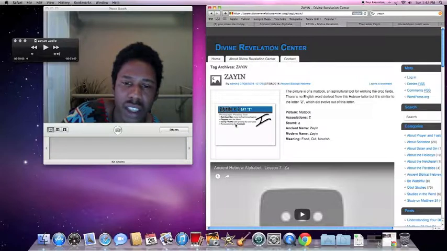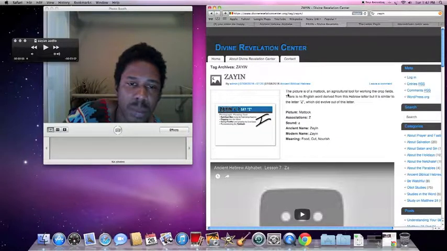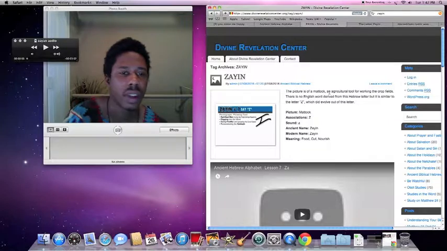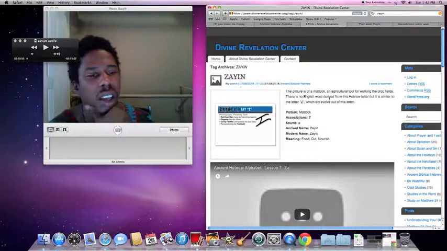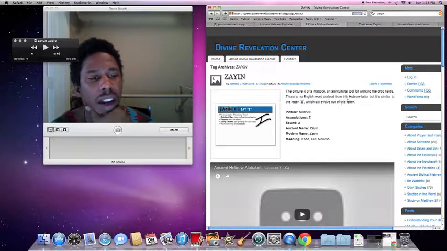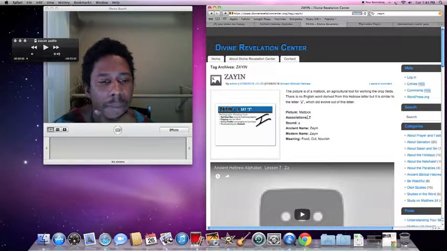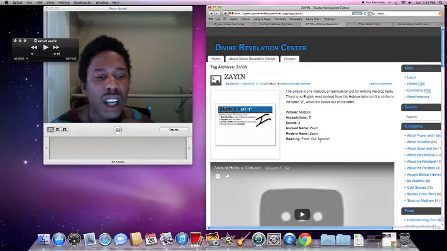The seventh day. It says the picture is of a mattock, an agricultural tool for working the crop fields. There is no English word derived from this Hebrew letter, but it is similar to the letter Z, which did evolve out of this letter. Mattock, Zayin, the meaning is food, cut, and nourish.